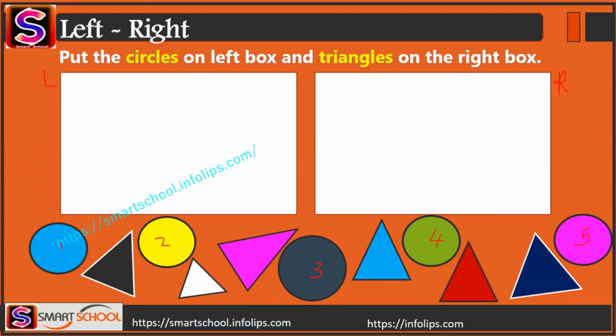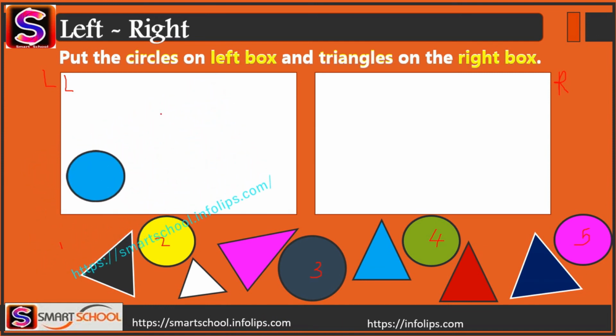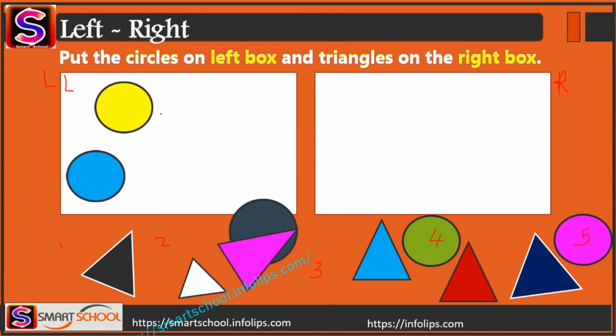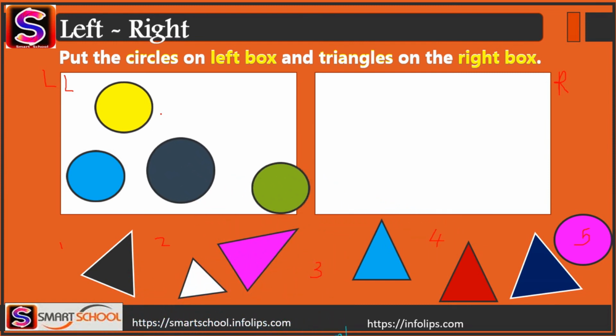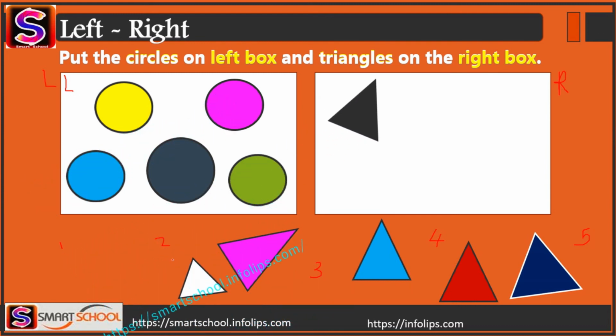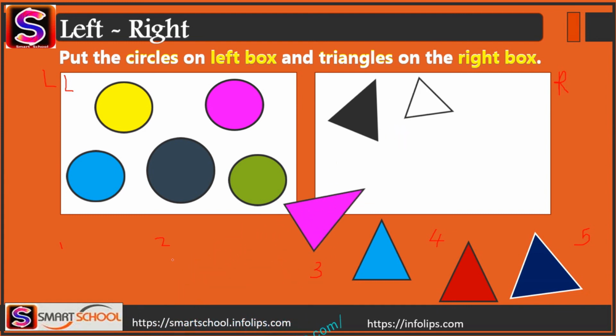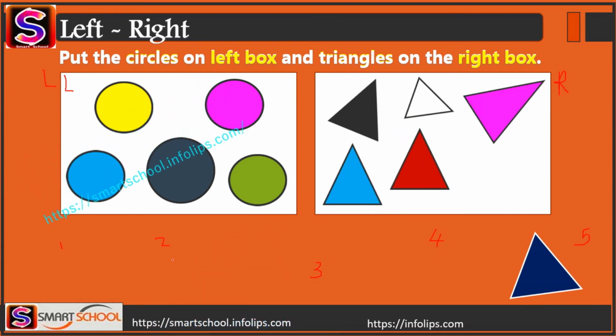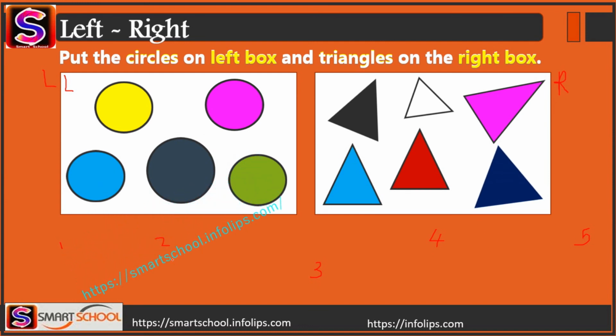So we have to put 5 circles in the left box. Left box means this one. So put this one first, second, third, fourth and this fifth. Okay, all the circles are now in the left box. Now put all the triangles in the right box. 2, 3, 4, 5 and 6.